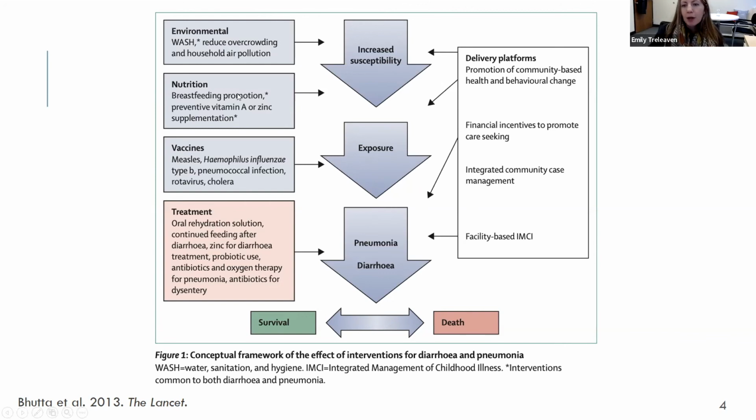Undernutrition underlies about half of under 5 deaths globally and can put children at risk for disease and poor cognitive development and educational outcomes, while obviously vaccines prevent disease. And then when children do get sick, we want to be sure that they have access to high quality, appropriate treatment in a timely manner. And I'll now talk more about each of the indicators in each of these domains.